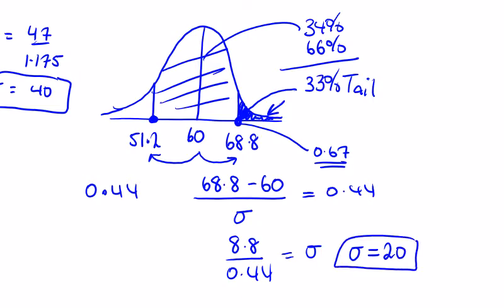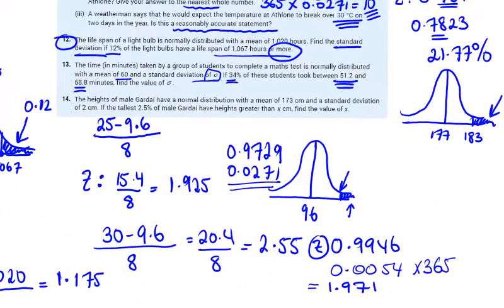And then finally in this video, the heights of male Gardaí have a normal distribution with a mean of 173, standard deviation 2. The tallest 2.5% of male Gardaí have heights of greater than x. Find the value of x.